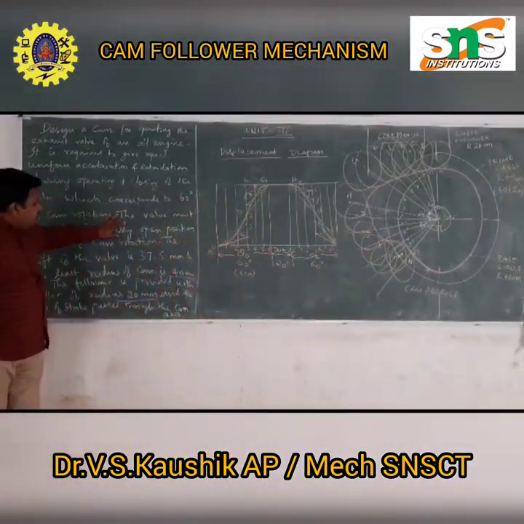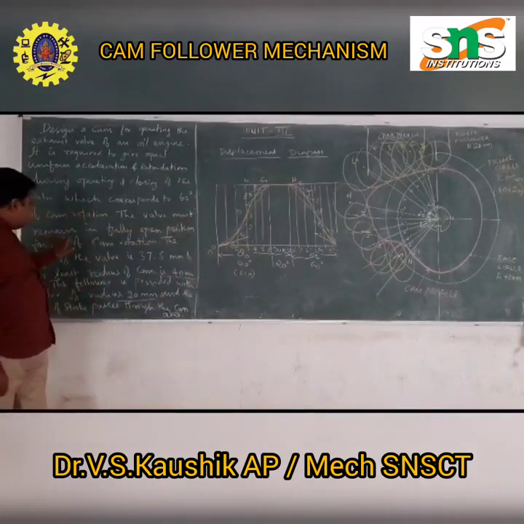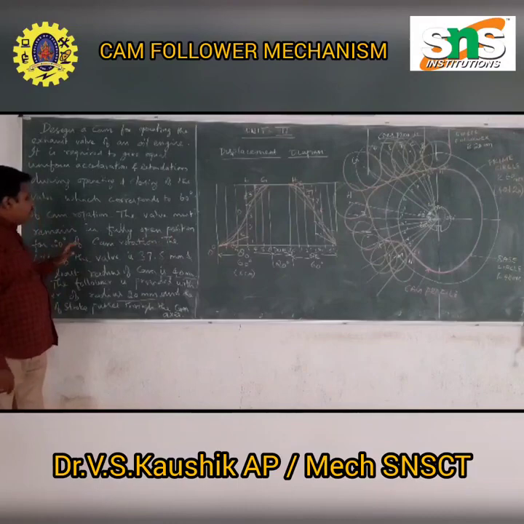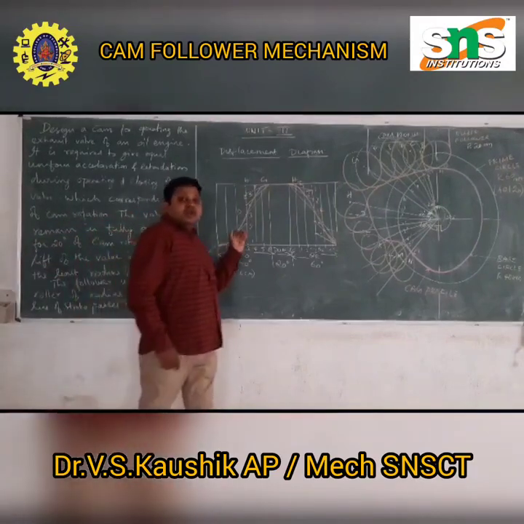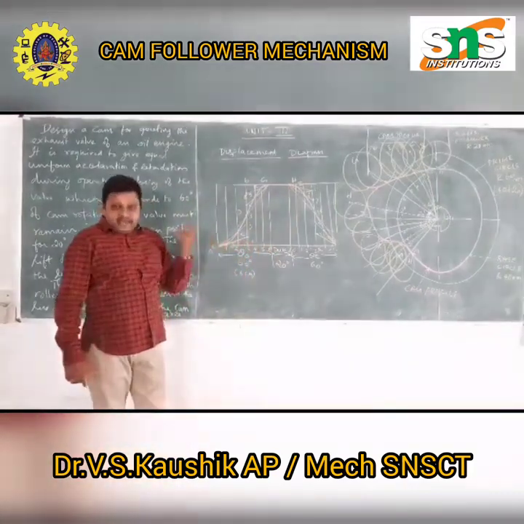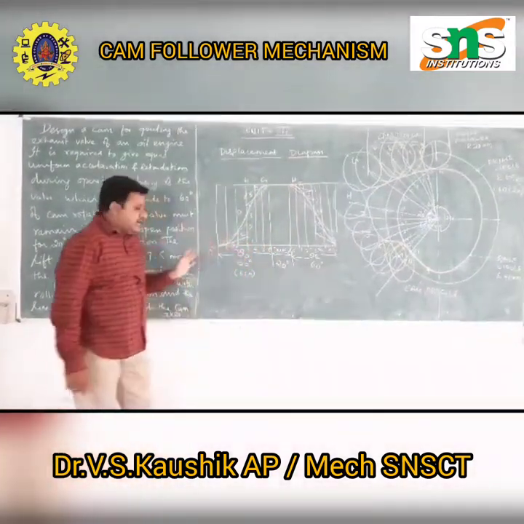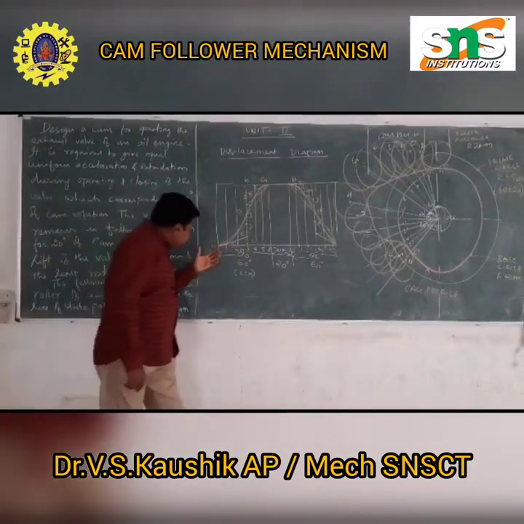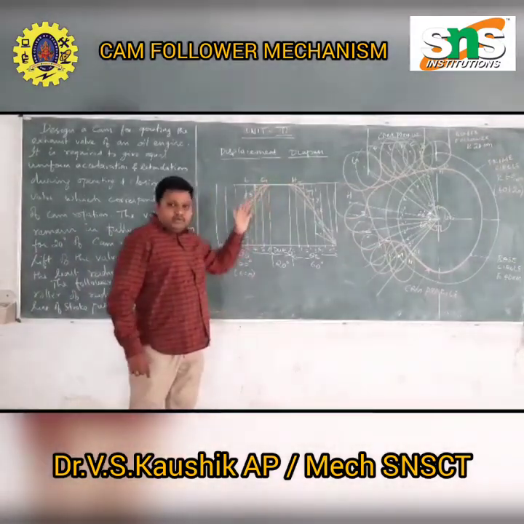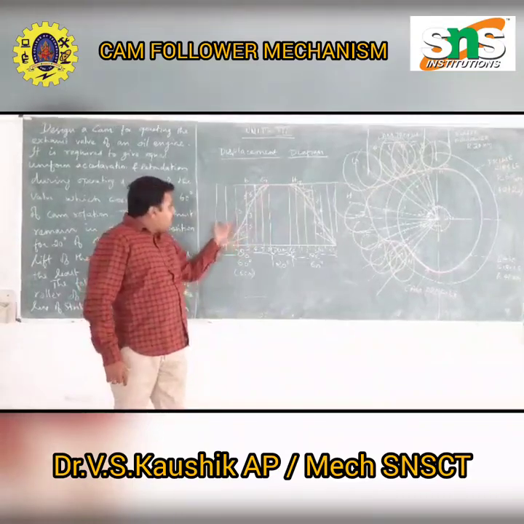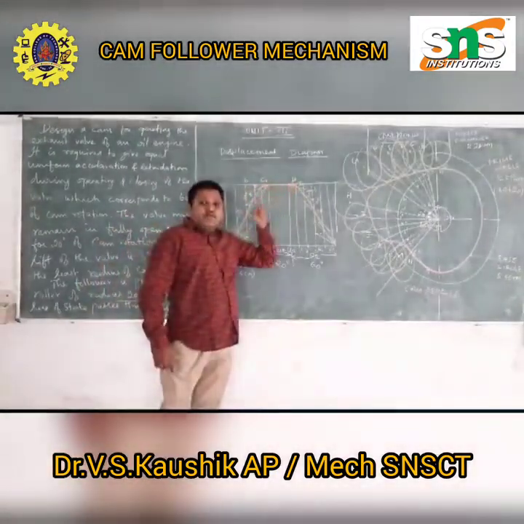Okay. The valve must remain in fully open position. The valve should be open fully in this position, in this 60 degrees. That is what is said there. For 20 degrees of cam rotation, the valve will be open during the 60 degrees and it will remain open.